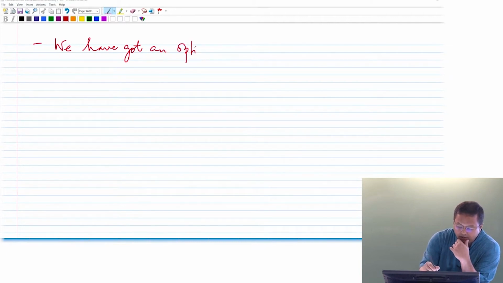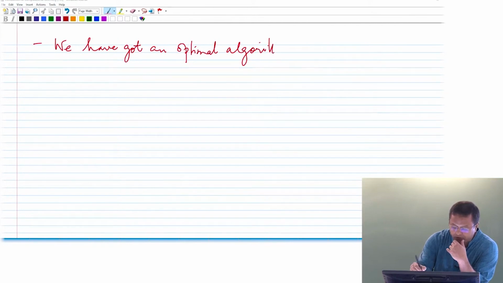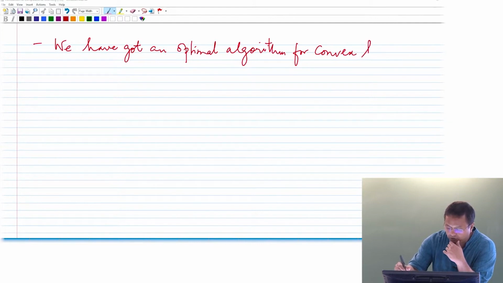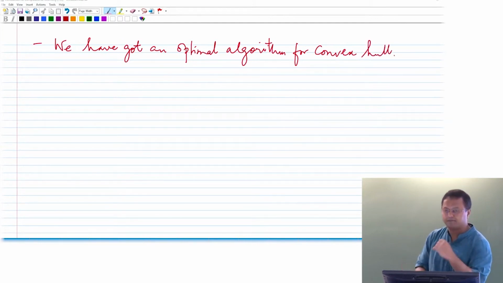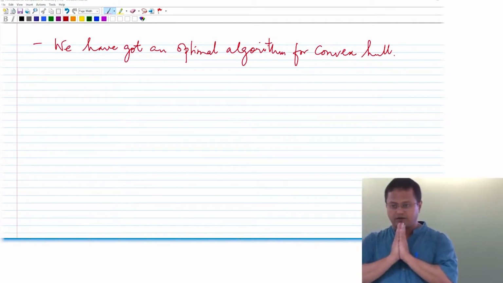From this Graham scan algorithm we know that we have got an optimal algorithm for convex hull, because the lower bound of the problem was n log n and my algorithm has hit this n log n. So, I have done an optimal algorithm.